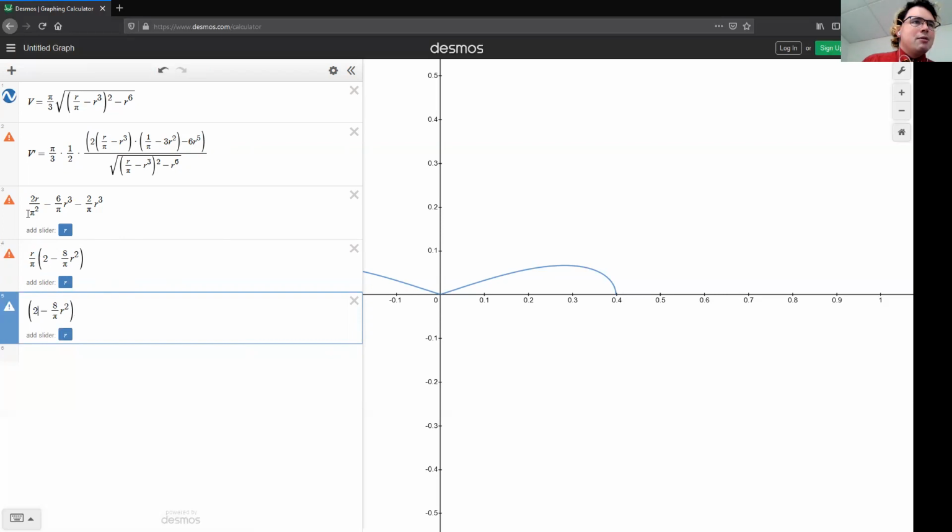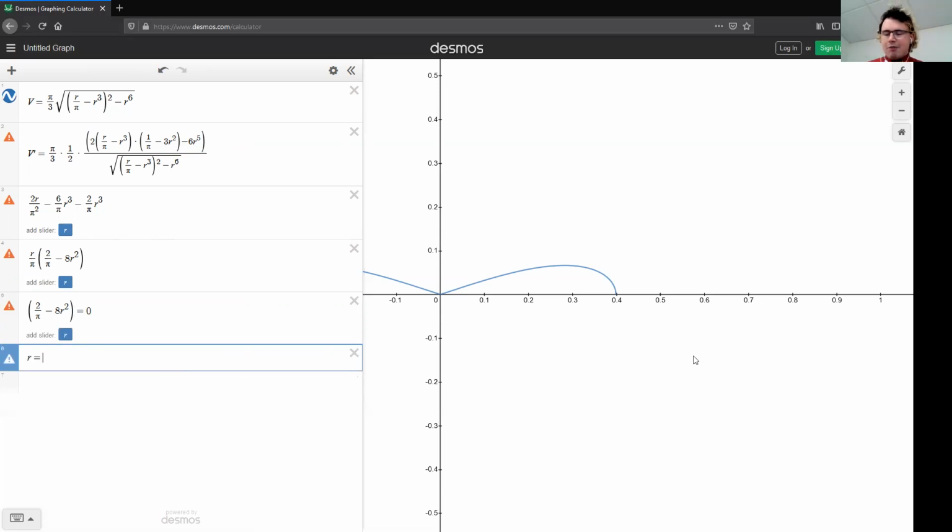R over pi times 2. Yes. So pi there, but not there. That looks better. And let me just double check my notes. Over pi. Yep. Okay. So r needs to be the number that makes this equal to 0.